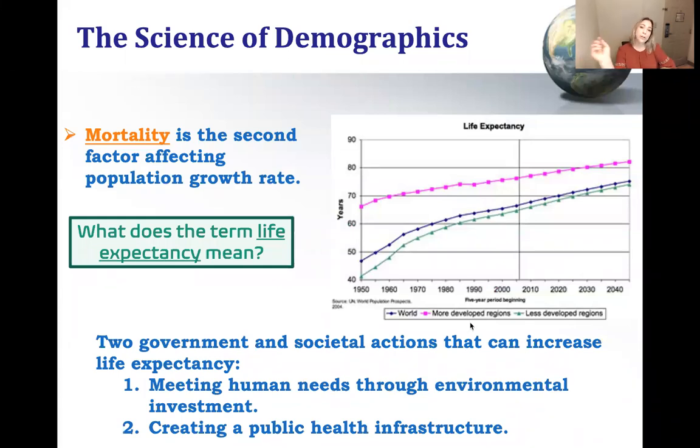Okay, so remember the first factor affecting population growth rate is birth rate or fertility. The second factor is death rate or mortality. Now on here, I gave you a graph for life expectancy. So that's the average number of years a person will live in a given society. Actually, let me write that definition down for you.